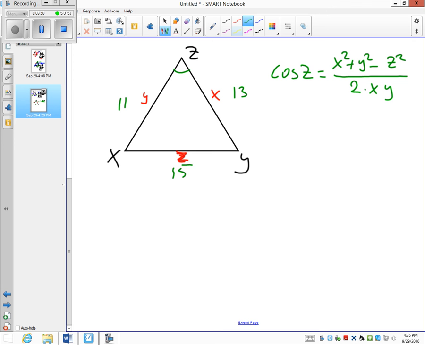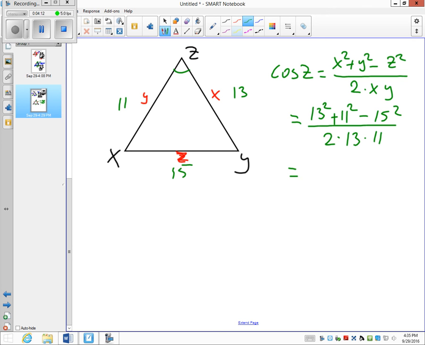Let's plug in the information that we have here. X is 13, so we're going to have 13 squared plus 11 squared minus 15 squared, divided by 2 multiplying 13 multiplying 11.